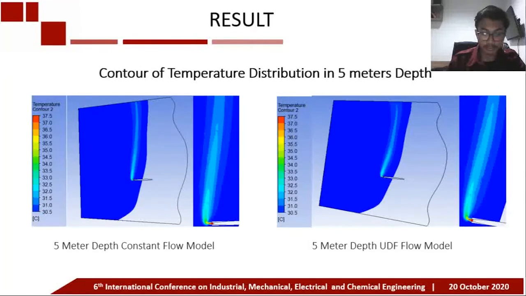From the simulation result, at the depth of 1 meter the temperature value is 31.35 degrees Celsius. In the area below 5 meters, the temperature rise is lower. This happens because the lower part of the water with high temperature has a lighter density, so the water moves upward, causing the upper water to rise in temperature.